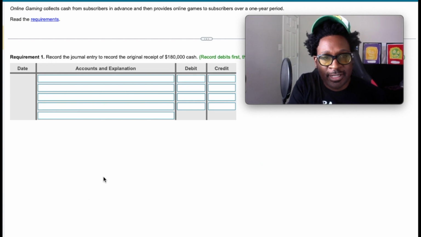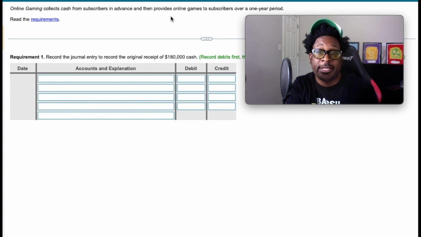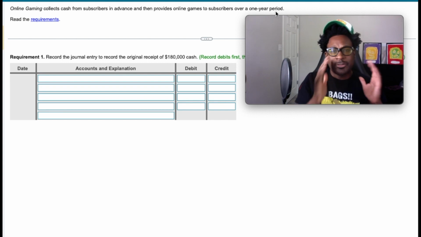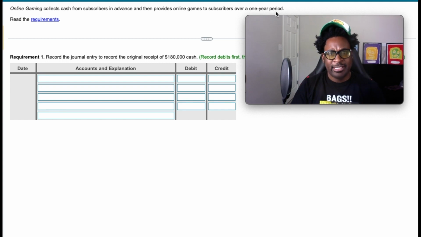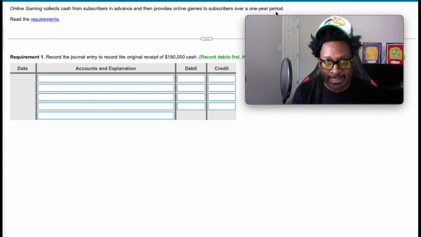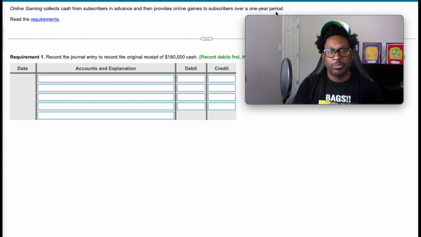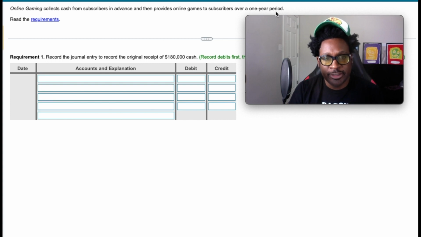It tells us online gaming collects cash from customers in advance, then provides online games to subscribers over a 1-year period. So what's going on with this game? These online guys receive the cash up front, then provide the services throughout a year's time. Okay? So it tells us to record the journal entry of the original receipt of the $180,000 cash amount.